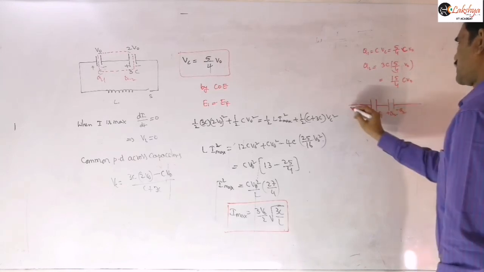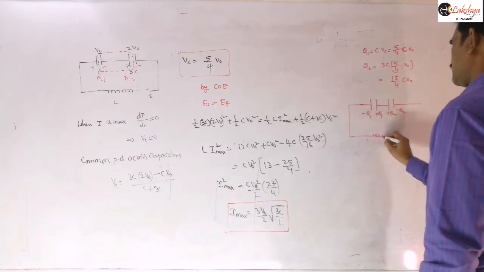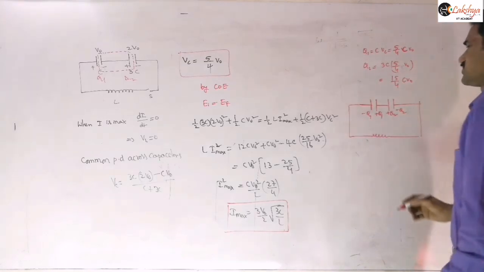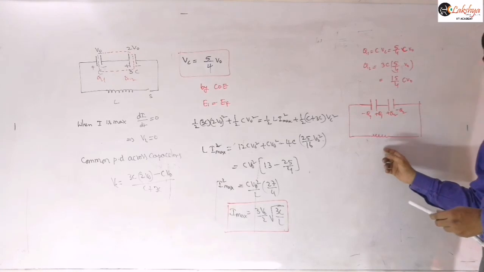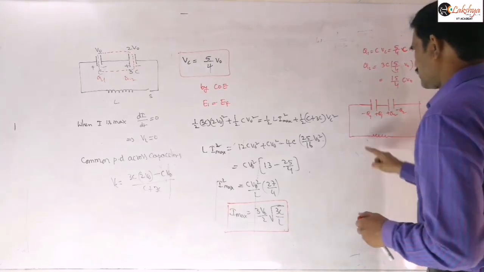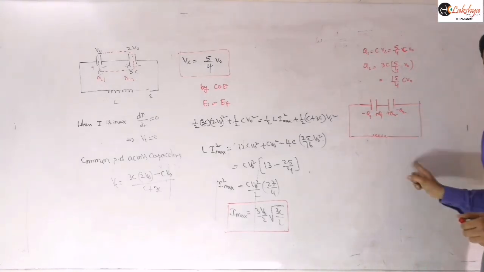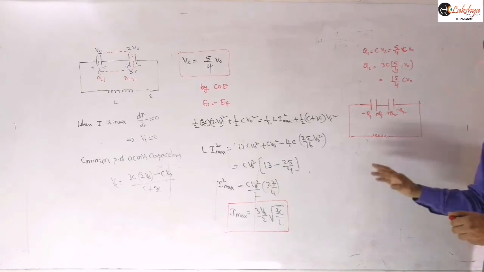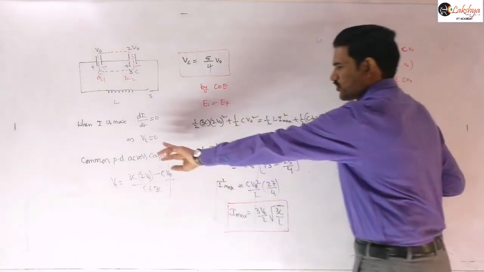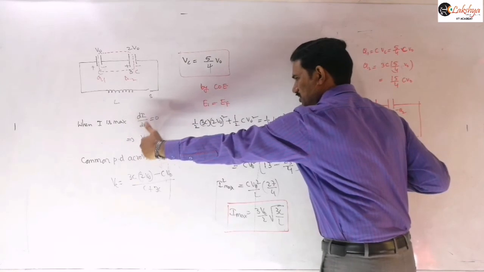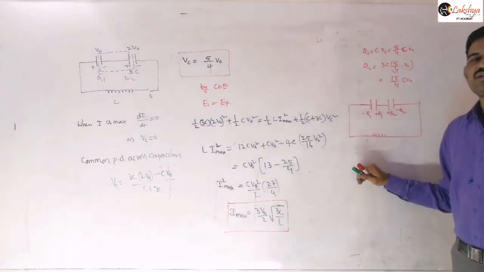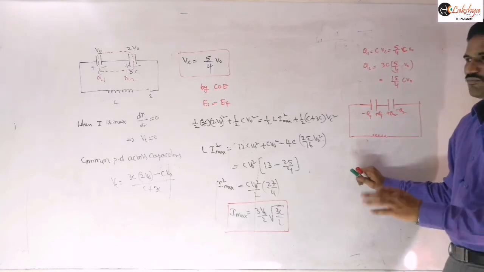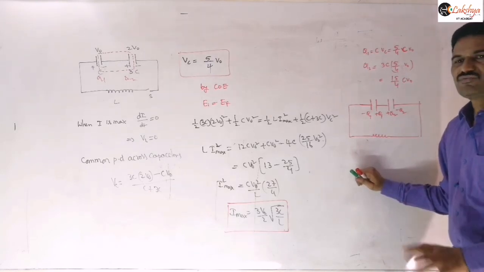So this will be the polarities of the charges. Now we can verify that the potential difference across this combination will be 0, between these 2 points will be 0, because that is the condition we should get. Whenever current in the inductor is maximum, the potential difference across the inductor will be 0, because di by dt should be 0. So like that we need to calculate.